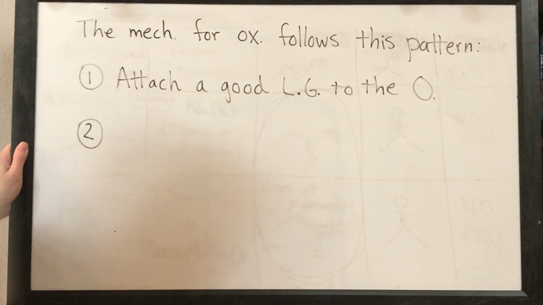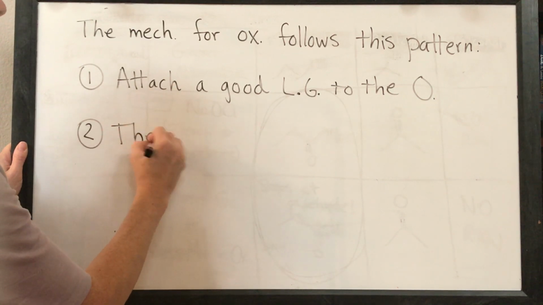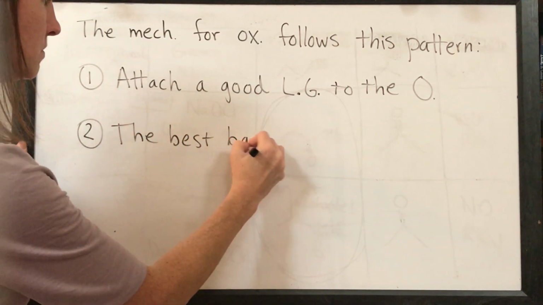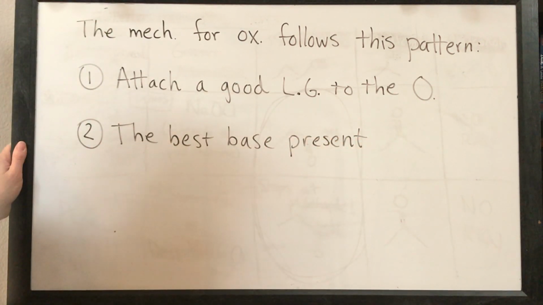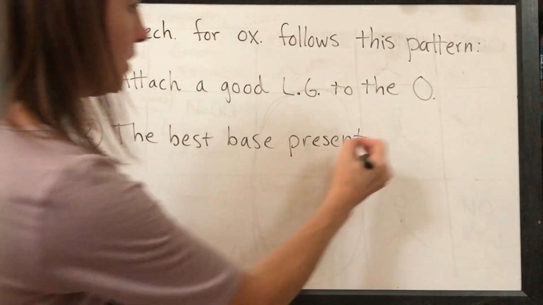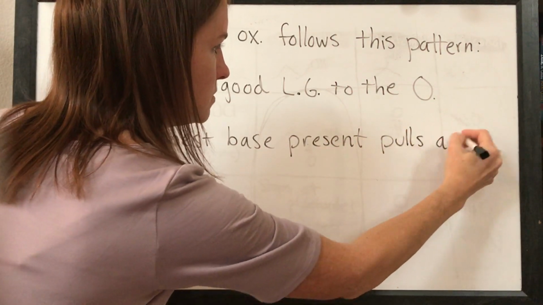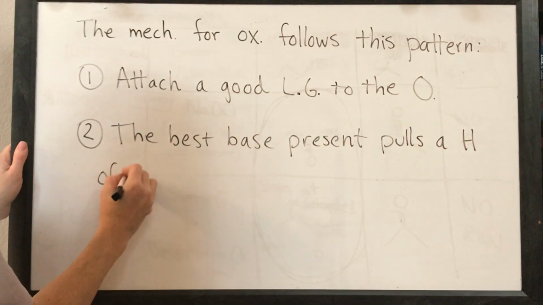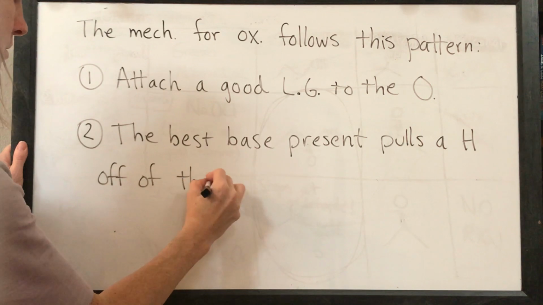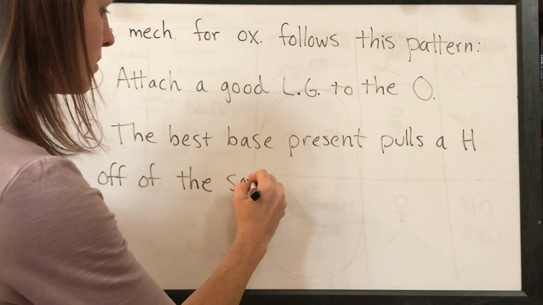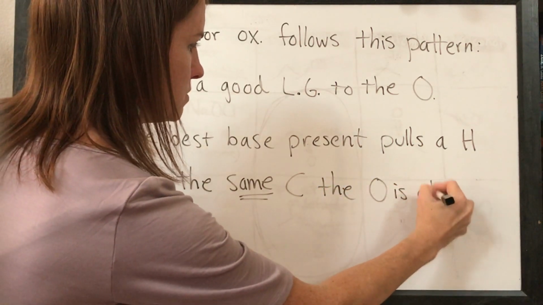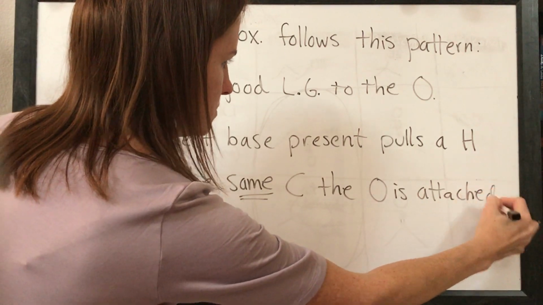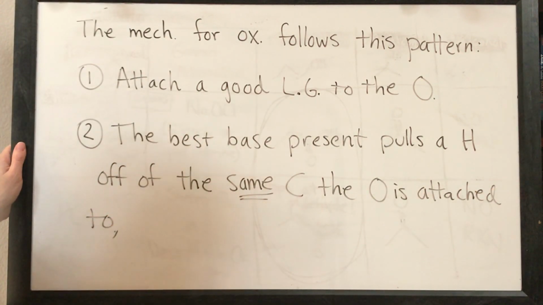And then there's going to be this little step where the best base present, which is usually water, especially under acidic conditions, it's going to be water. It pulls a hydrogen off of the same carbon the oxygen is attached to. And this will make more sense when I draw the picture in a minute.